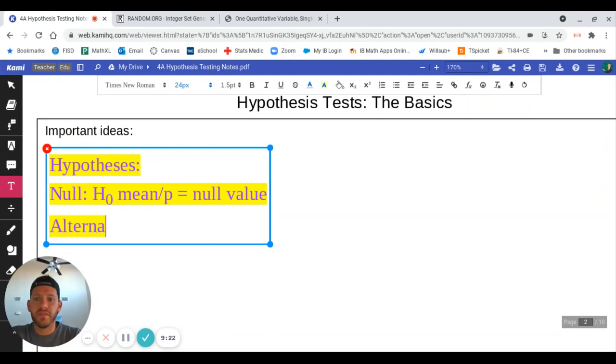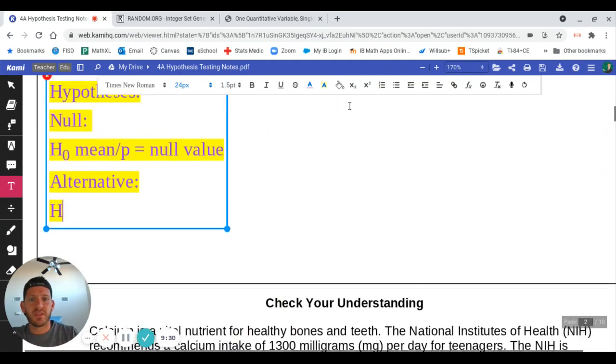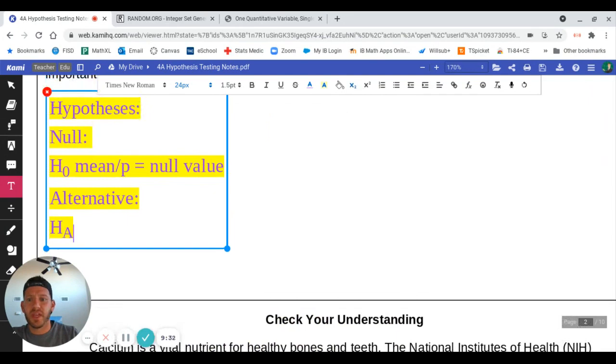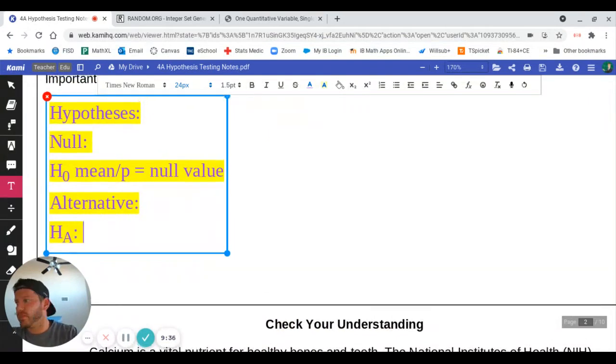The alternative hypothesis is going to be H sub A. Again, we're going to have mean or proportion there for P. This is going to be less than or greater than or not equal to.